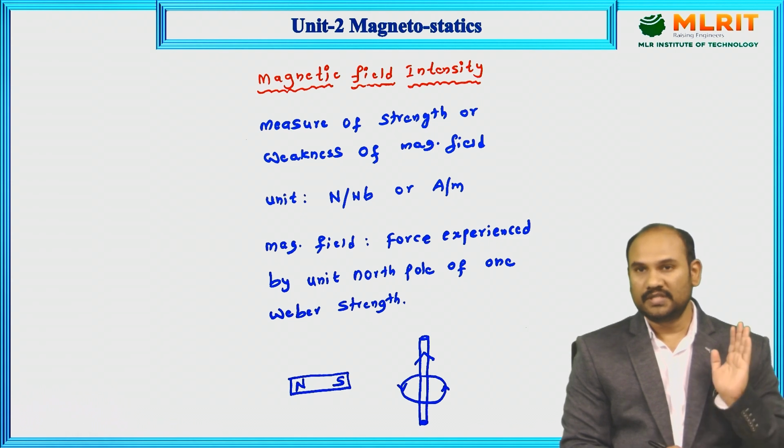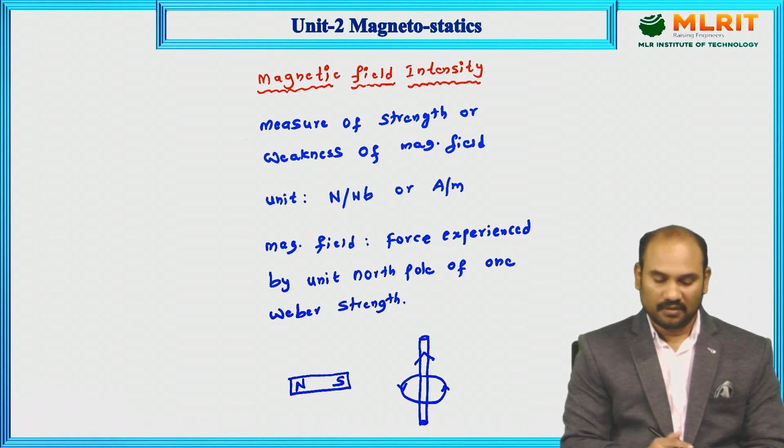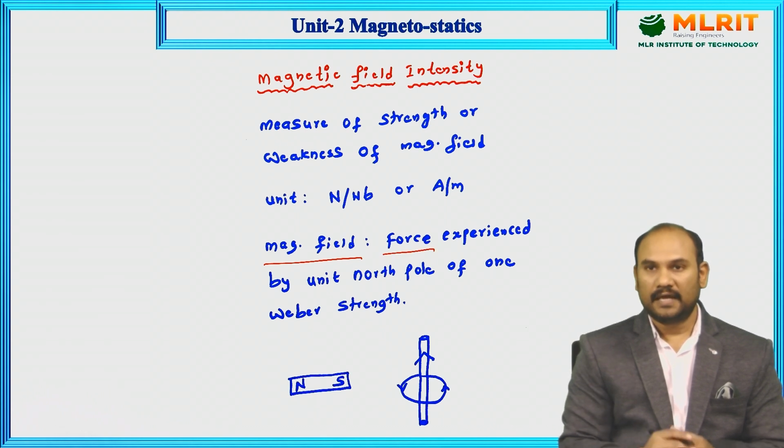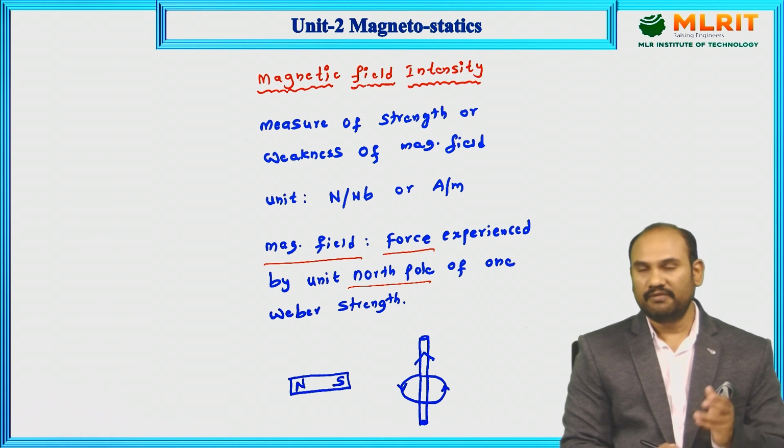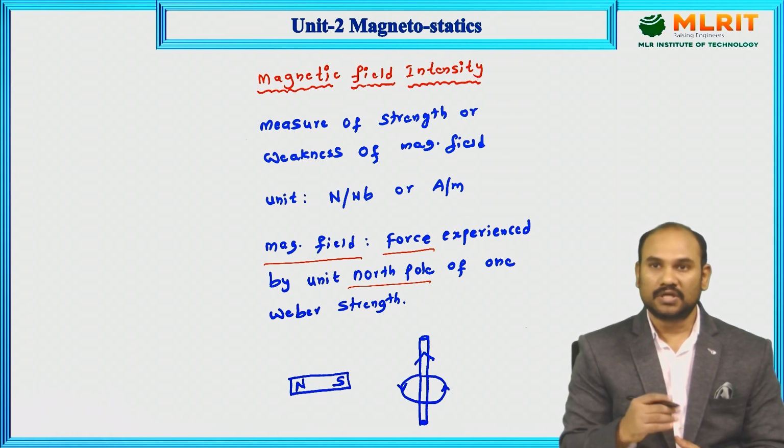What was the definition of electric field? The amount of electric force exerted on a unit electric charge. Same thing here. What is magnetic field now? The amount of magnetic force exerted or experienced by a unit magnetic charge. There we take positive charge, here we take north pole, because there the electric lines of force start from positive charge, and here magnetic lines of force start from north pole.